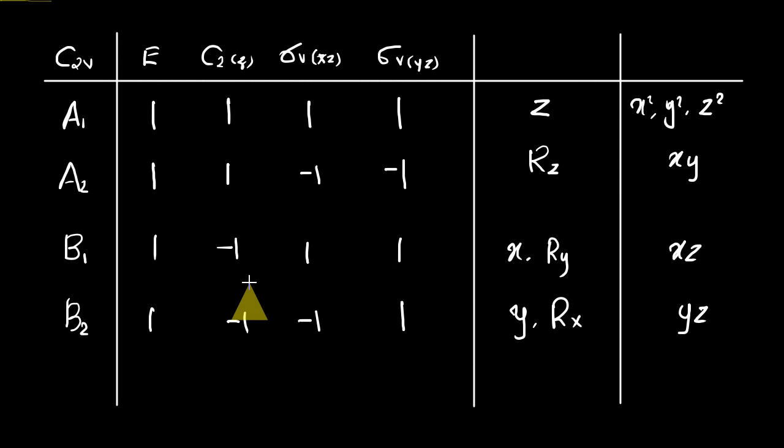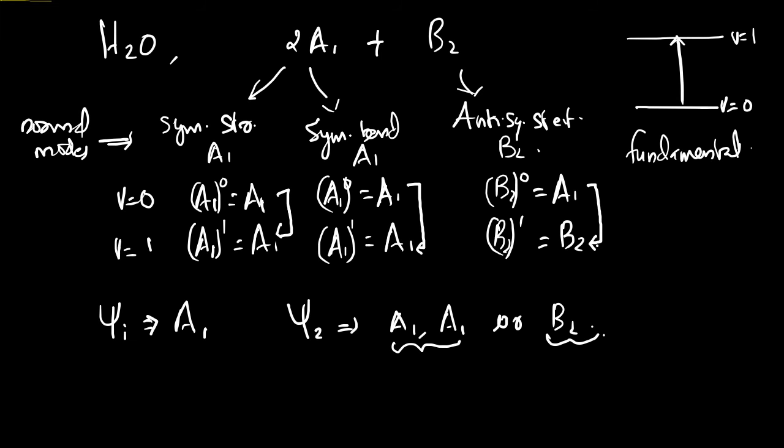You look at the character table and see how x transforms. You can see in the third area of the character table x, y, and z. And here you can see x transforms as B1 symmetry. x transforms according to B1 symmetry. So you can assign the symmetry of the operator also here, right? Symmetry of the operator. And x corresponds to B1 symmetry.